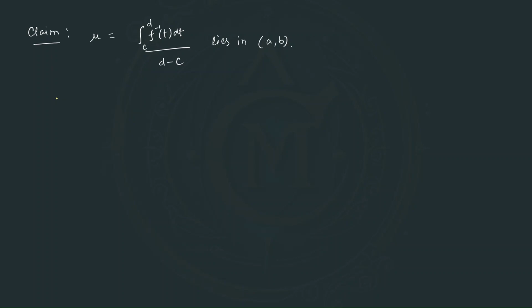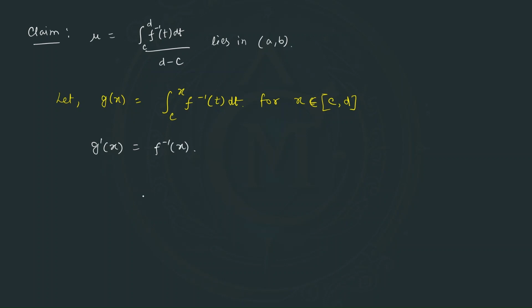So let us assume a function g of x here, which is integral c to x f inverse t dt for x belonging to closed interval c to d. So we can apply LMVT here because g of x is a continuous function in this closed interval and also derivable in this open interval c to d. So g dash x will become simply f inverse of x.